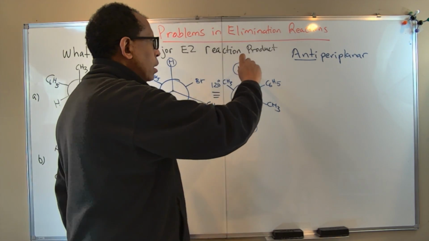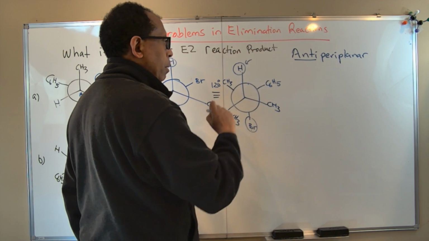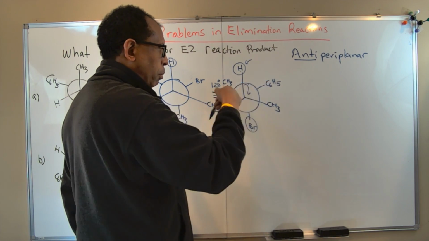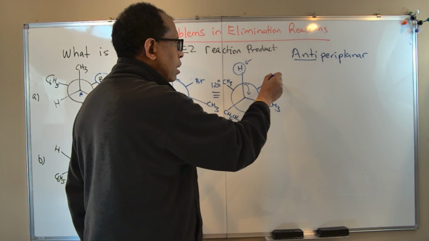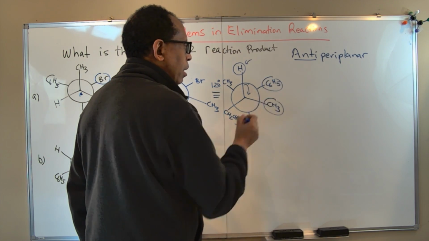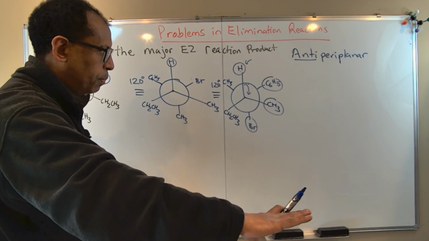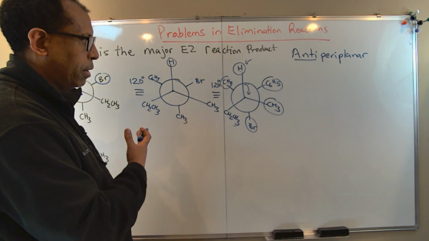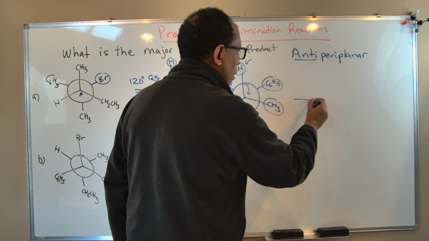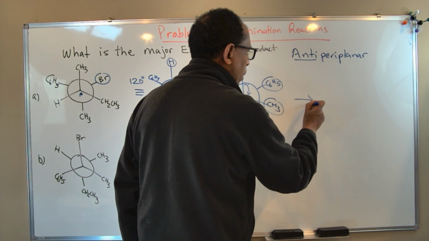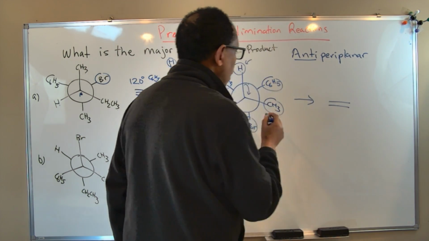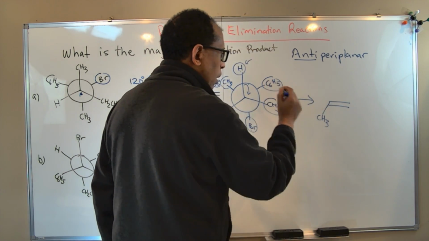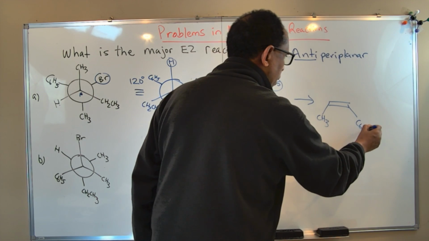So when this is abstracted by a base, this collapses back to the back bond to make a double bond, but C6 and CH3 would be on the same phase, and CH3 and ethyl would be on the same phase. That means the product would be CH3 would be here, C6H5 would be here.